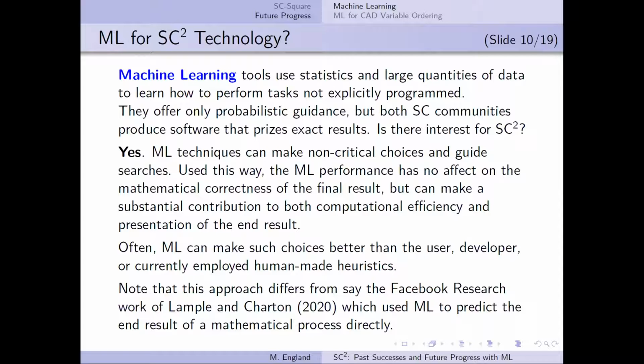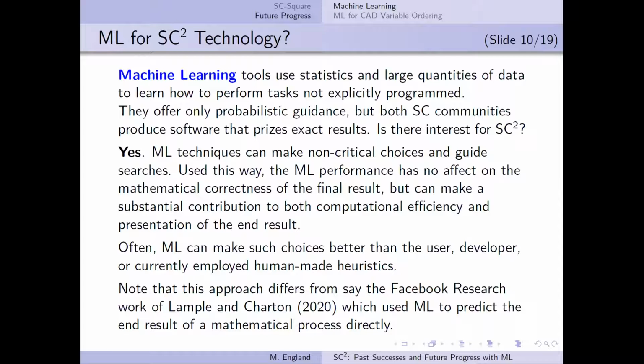But I'd like to really distinguish this from another body of research that over the last few years has been gaining traction, such as the work coming out of Facebook, like the Lample and Charton paper, that's using machine learning to directly predict the end results of mathematical processes. The one I've cited here was predicting symbolic integration and the solution to ordinary differential equations.